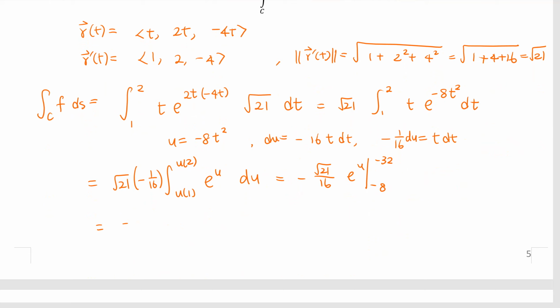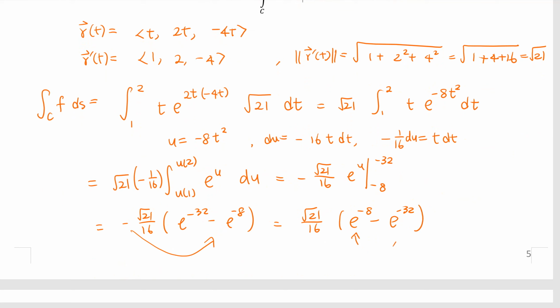Well, that is minus square root of 21 over 16, we plug in negative 32 minus we plug in negative 8. So we can move the negative inside and then we can switch them. So we have square root of 21 over 16 times e to the minus 8 minus e to the minus 32. And you know, this guy is bigger, right? This guy is smaller. So our answer will be positive. So far so good, everybody?